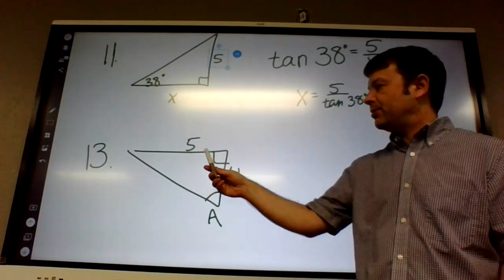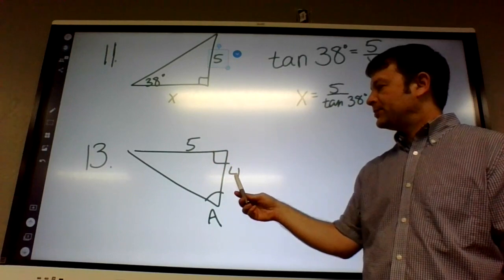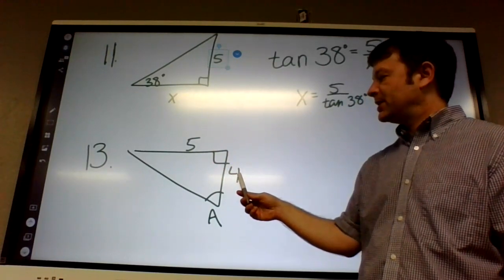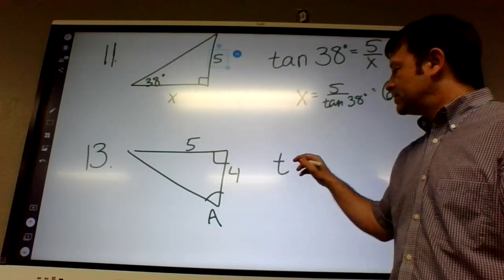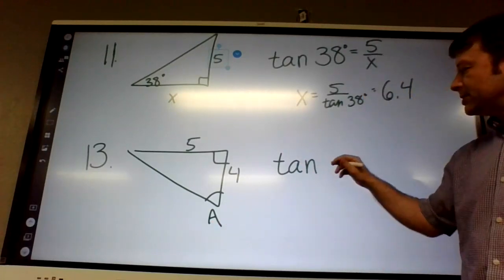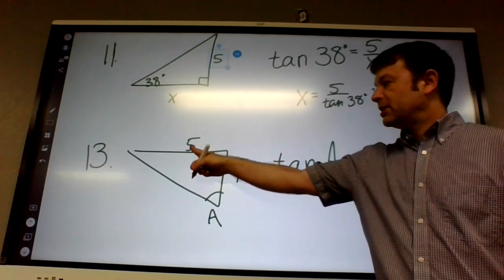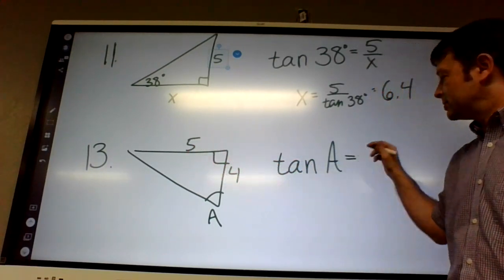Relative to this angle, what two sides do I have right here? Opposite, adjacent. So which trig function is that? Tangent. So it's tangent of the angle, but this time we don't know what the angle is. So I'm just going to put tangent of A equals opposite over adjacent.